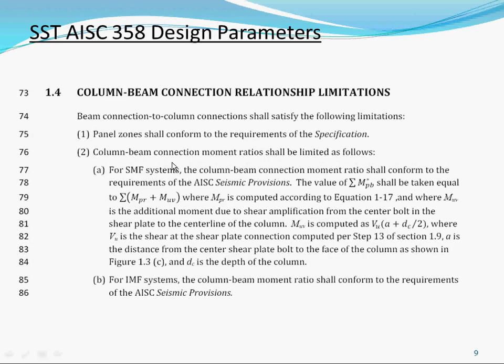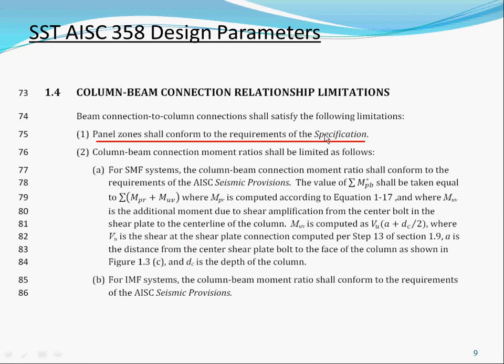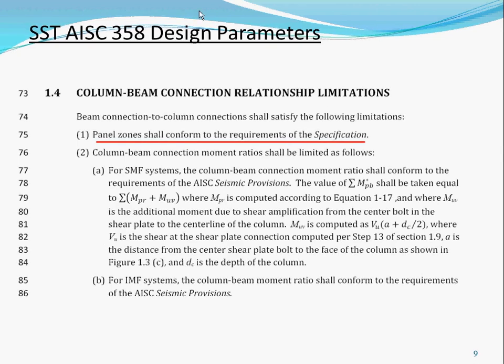Beam-to-column relationships, like I say, the panel zone shall conform to requirements of the specification. The specification has a phi factor of 0.9 in there. AISC 341 is actually phi of 1. So we're actually more conservative going with this one.